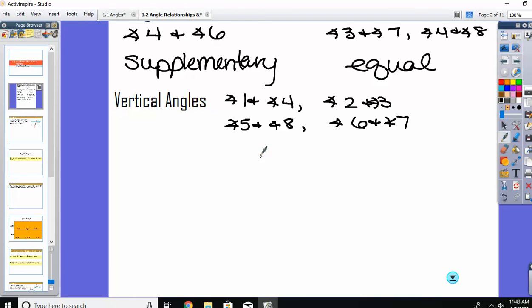And what's true about their measurements? Those are equal as well. So all of these special scenarios are equal except the consecutive interior. Those add up to 180. Any questions about that?